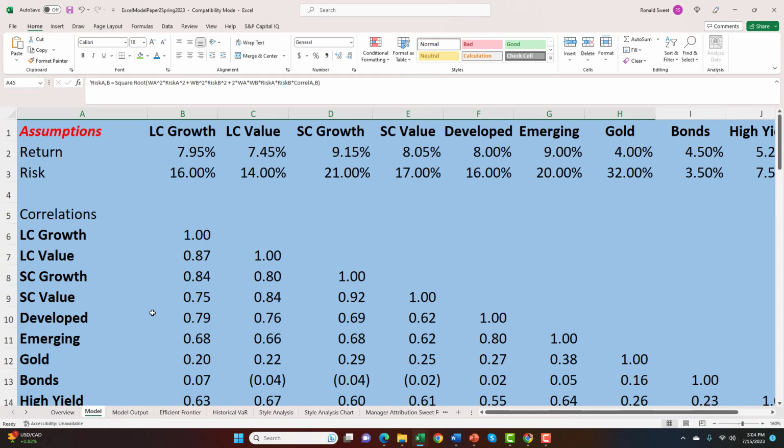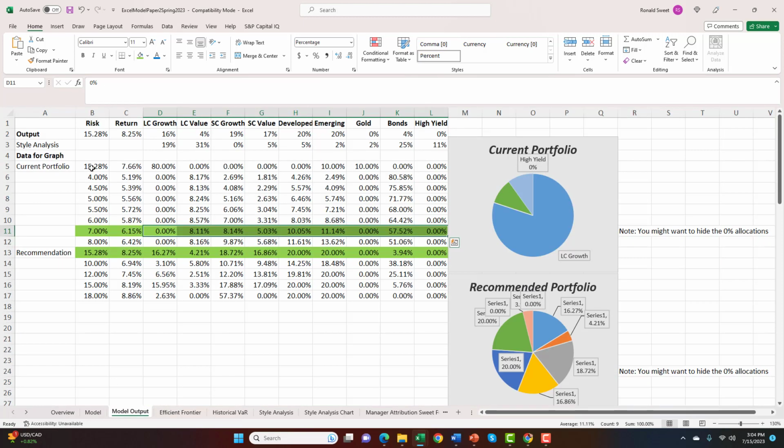The tutorial videos show you how to use this model to do the model output. Here's the model output. It shows what current portfolio you started with, your decision on how to set that up. The videos show you how to do that. And then I highlighted two portfolios I was interested in. You'll notice this one right here, it says recommended.